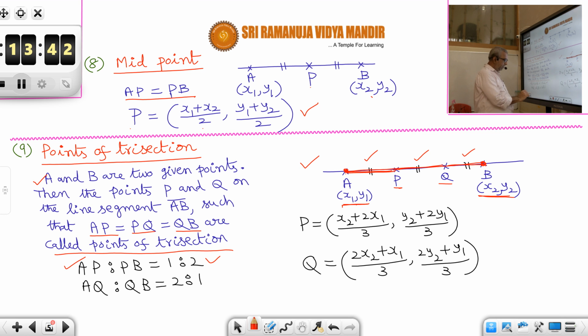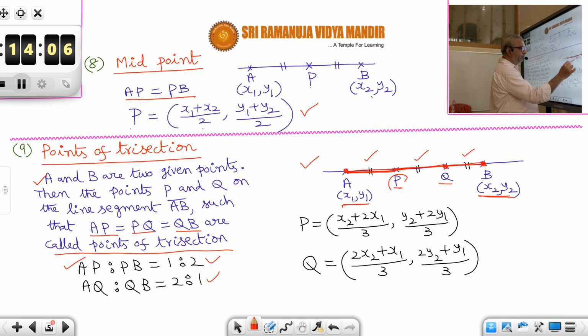What about AQ is to QB? Q is here, so AQ is 2 units and QB is 1 unit. So AQ is to QB is 2 is to 1. So you know the ratio in which P and Q divide the line segment AB. Therefore, using the section formula, you can easily find the coordinates of P and Q.